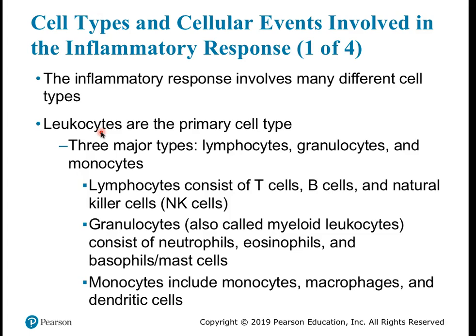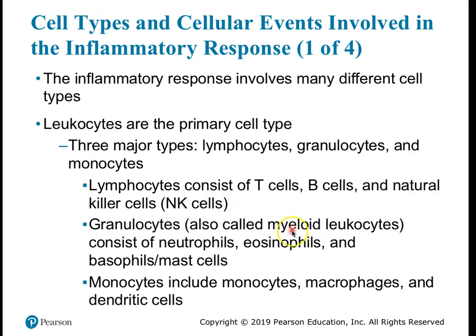So here goes. You have lymphocytes, you have granulocytes. Neutrophils are a type of granulocytes. And you have monocytes. And as we mentioned before, if the monocytes migrate into the tissues, they are macrophages. We know that lymphocytes are either T lymphocytes or B lymphocytes. And there is another type of lymphocyte called a natural killer.